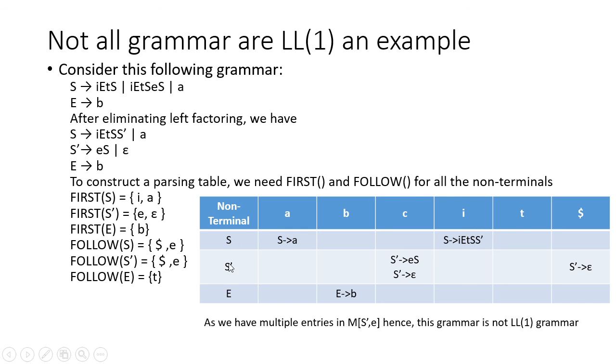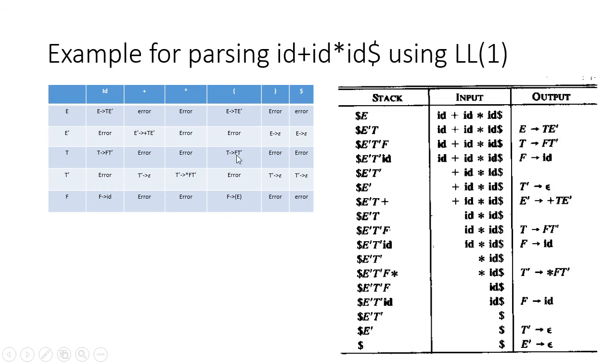But if you notice in S dash, in e, there are two entries. S dash derives eS and S dash derives epsilon. Now if you see two entries like this, then this is not an LL1 grammar. So we cannot use LL1 for such kinds of grammars. Generally an LL1 grammar will never have two entries in a cell.